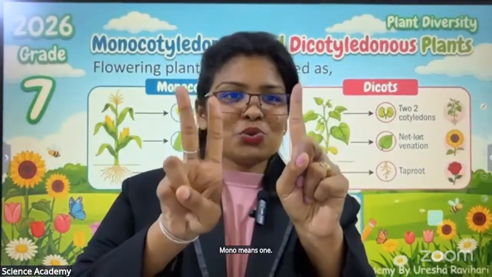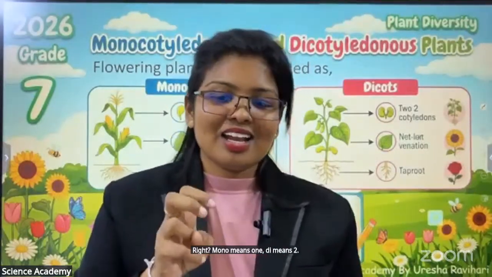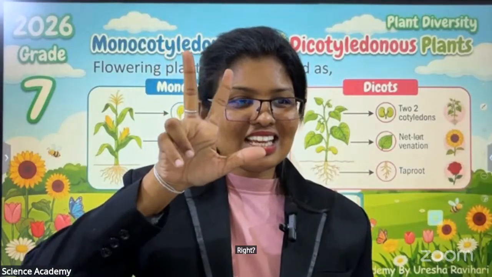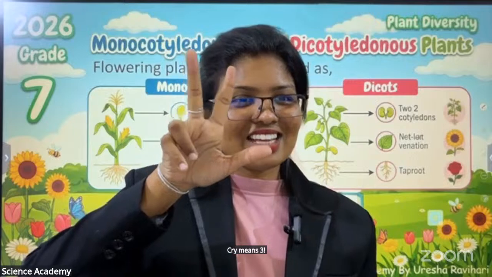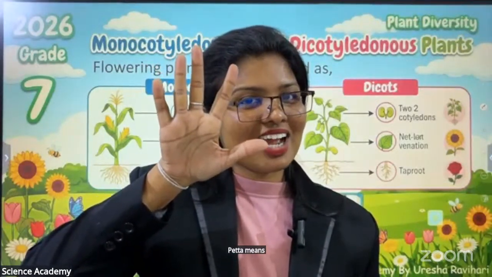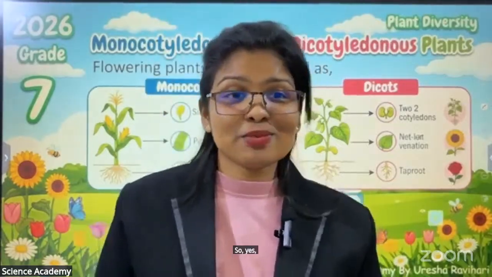Di means two, right? Tri means three. Tetra means four. Penta means five, right? Hexa means six. Likewise, children, in science, there are scientific terms also.